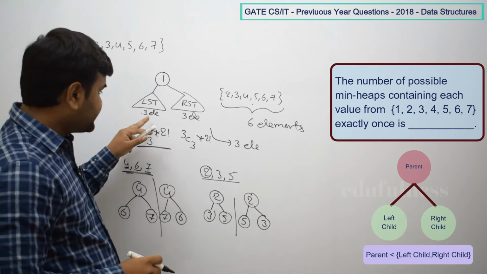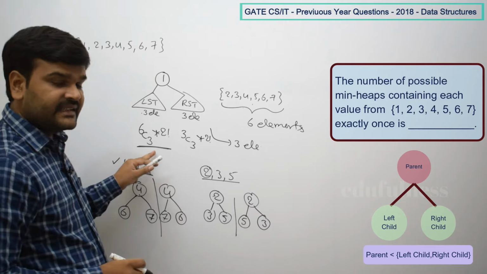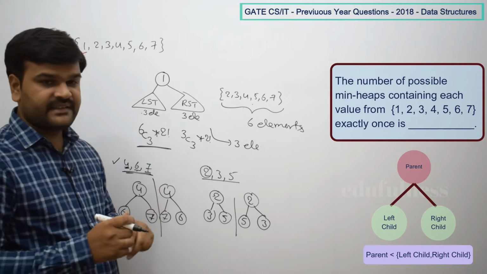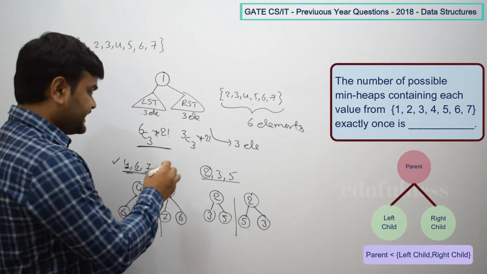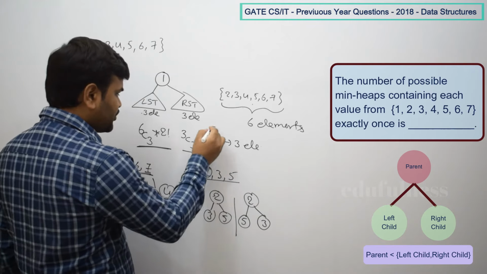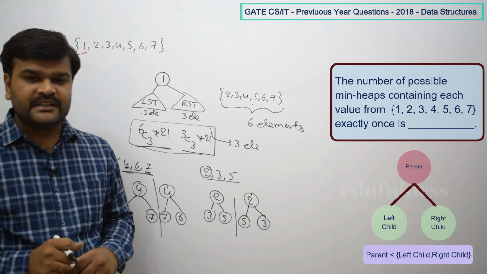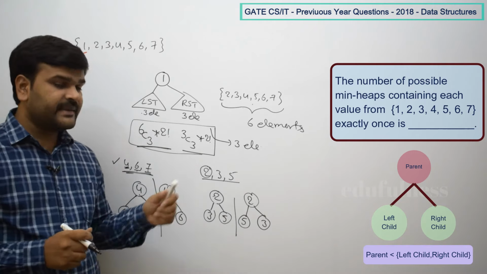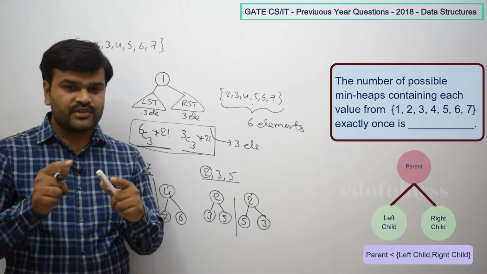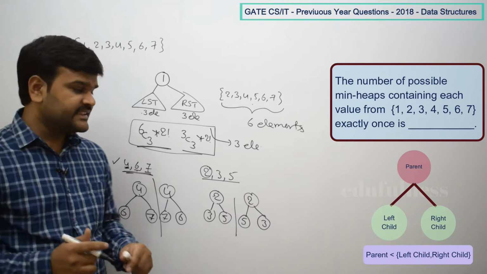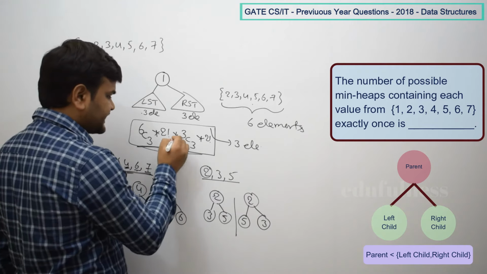So on the left subtree side this many ways are there, on the right subtree side this many ways are there. Now what is the relation between these two actually? Is it multiplication or addition? Here these are mutually independent events and both must exist. That is why you are going for multiplication here.